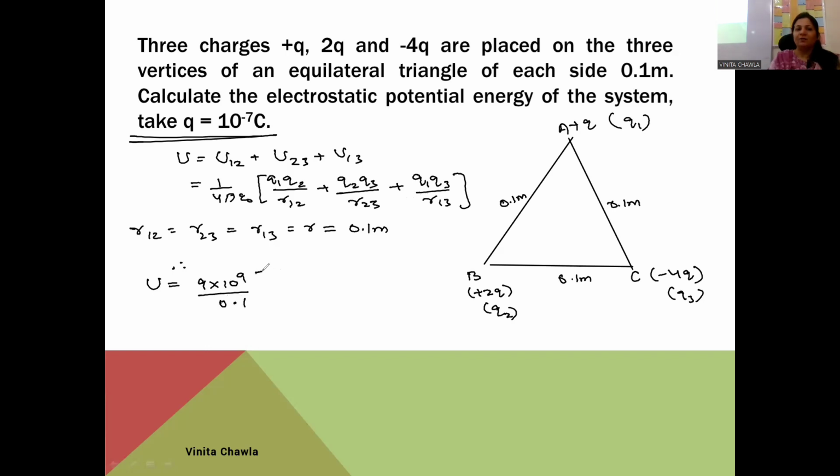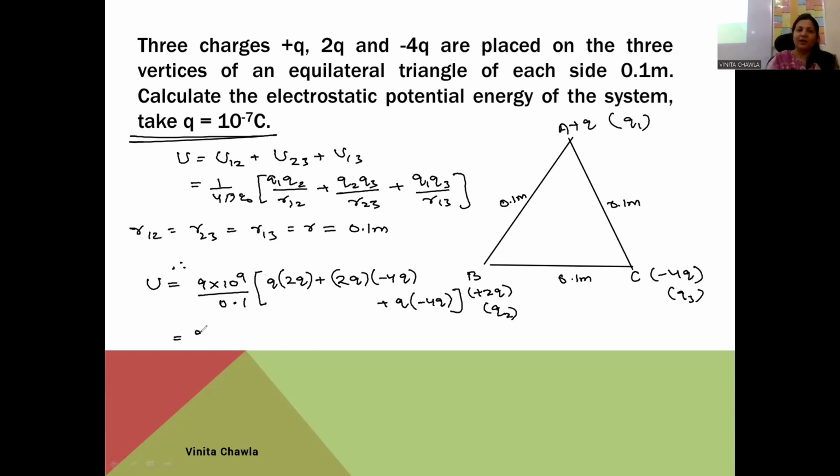And in the bracket we have Q1Q2. First write Q1Q2: Q1 is Q and Q2 is 2Q. Now write Q2Q3: Q2 is 2Q and Q3 is minus 4Q. Now write Q1Q3: it is Q and Q3 is minus 4Q, bracket close. So 0.1 becomes 10 when it goes to the numerator.